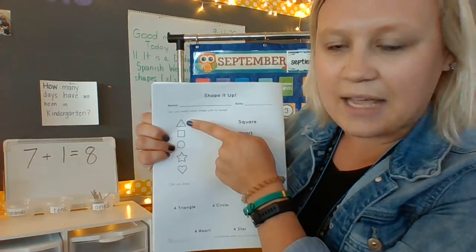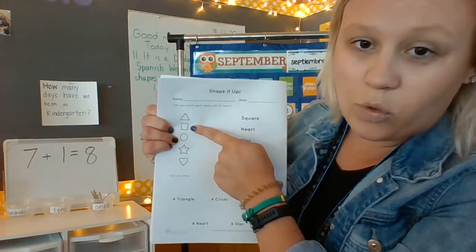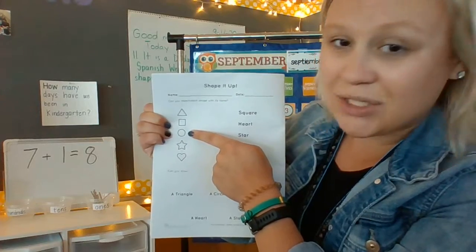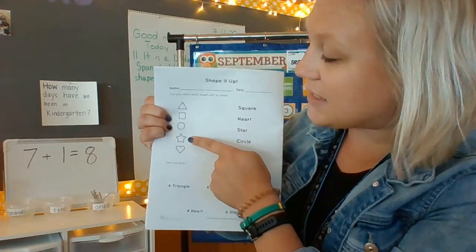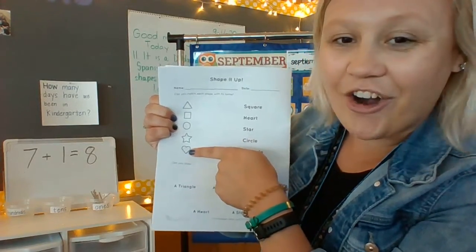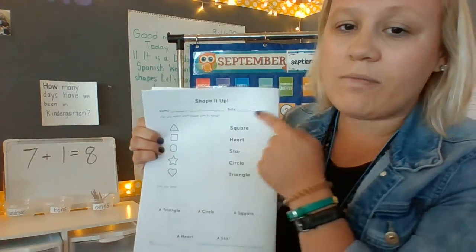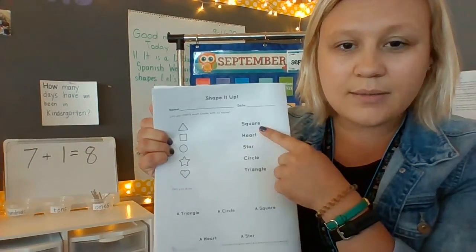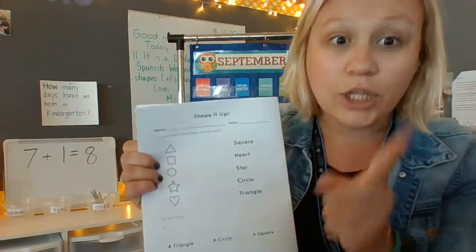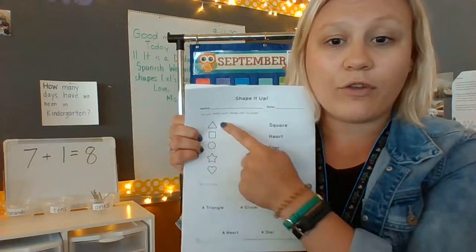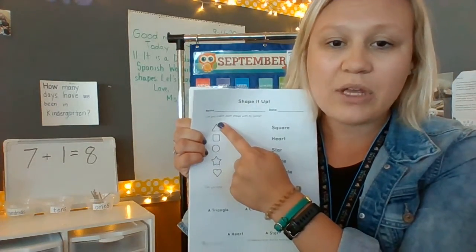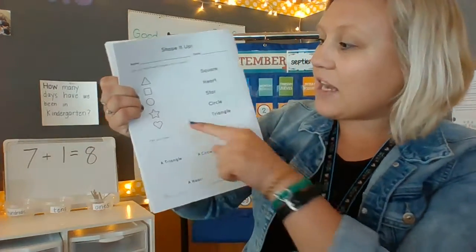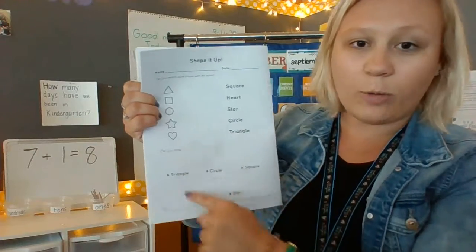This is a triangle, a square, a circle, a star, and a heart. So you might need help reading these words, and that's okay. But I want you to practice drawing the line from the shape to the word once you figure out which word it is, okay? And then you can use these pictures up here to help you draw it down here.